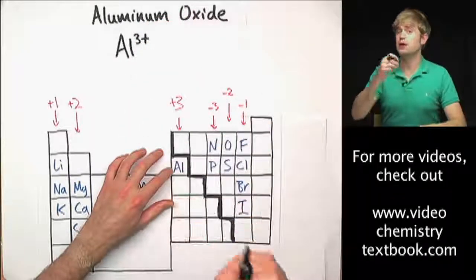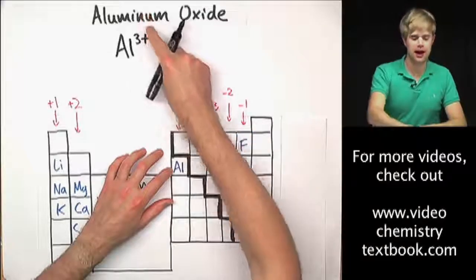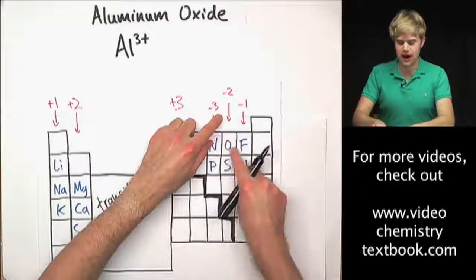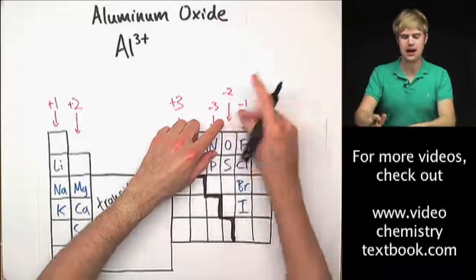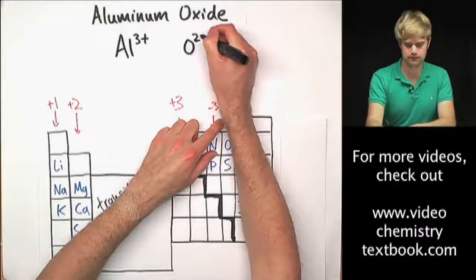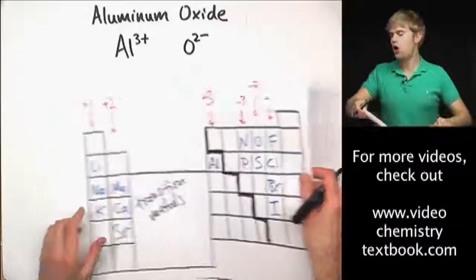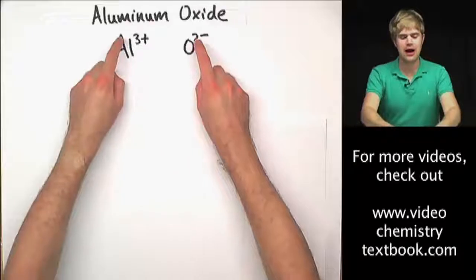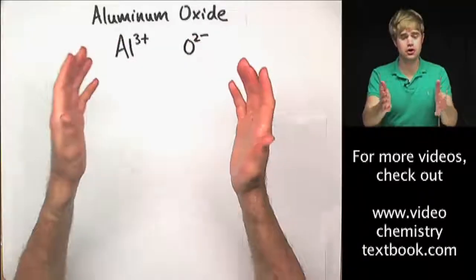An ion is just what we call an atom that has a charge. An ion of aluminum has a 3 plus charge. And an atom of oxygen, oxide here, has a 2 minus charge. Al3 plus, O2 minus. Now I need to figure out how many of each of these atoms I need for the charges to balance out.